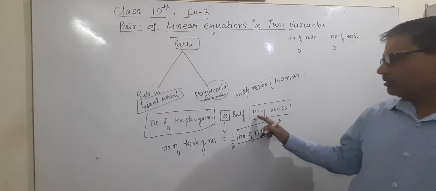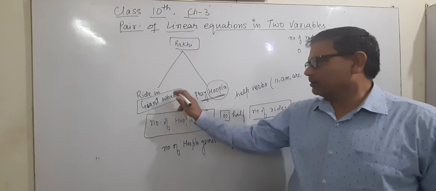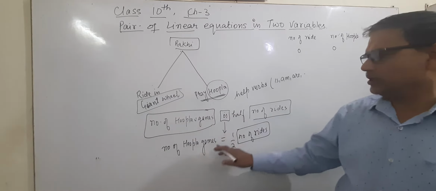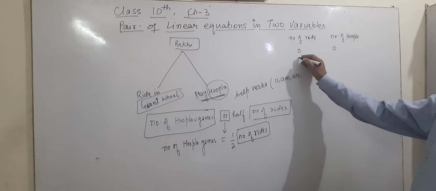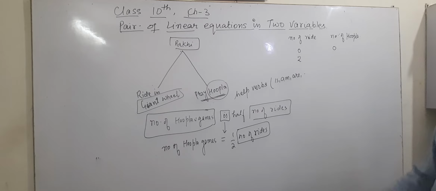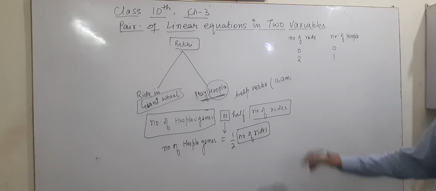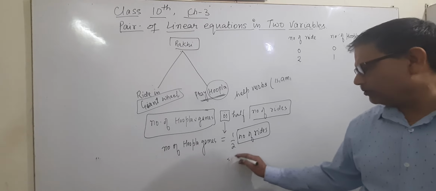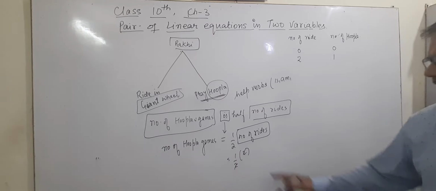She did not ride even a single time on the giant wheel, so she did not play the hoopla game. If she rides 2, then the number of hoopla games will be 1. Why? This will be 1 by 2 into 2, the 2s will cancel, then equal to 1.